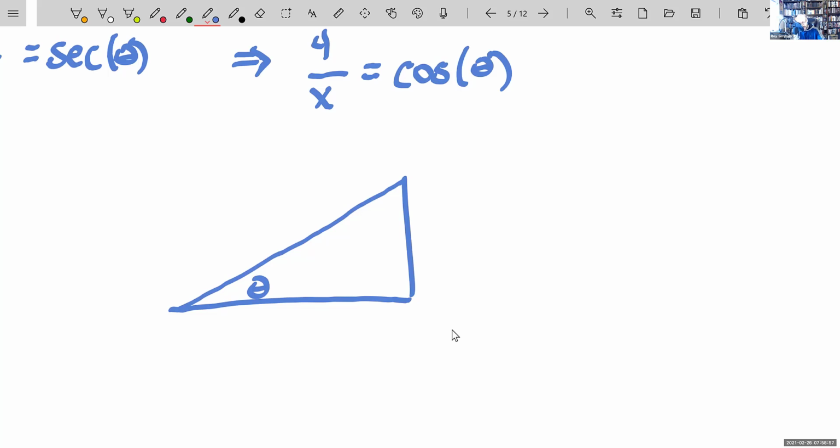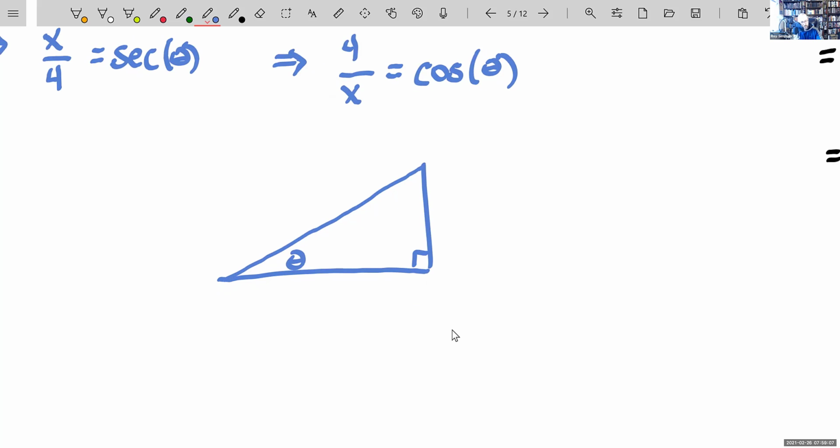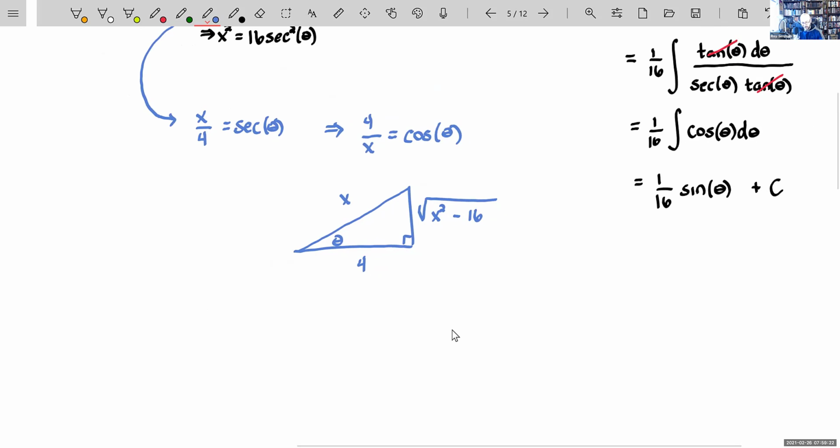Here's theta. Yes, I know that I'm restricting this triangle to look like it's in quadrant 1. We could talk about that if you want, but it's either in quadrants 1 or 3, which I'm reserving for the video. So let's see. Cosine is adjacent over hypotenuse. And therefore, the other leg is going to be the square root of hypotenuse squared minus adjacent squared by the Pythagorean theorem.